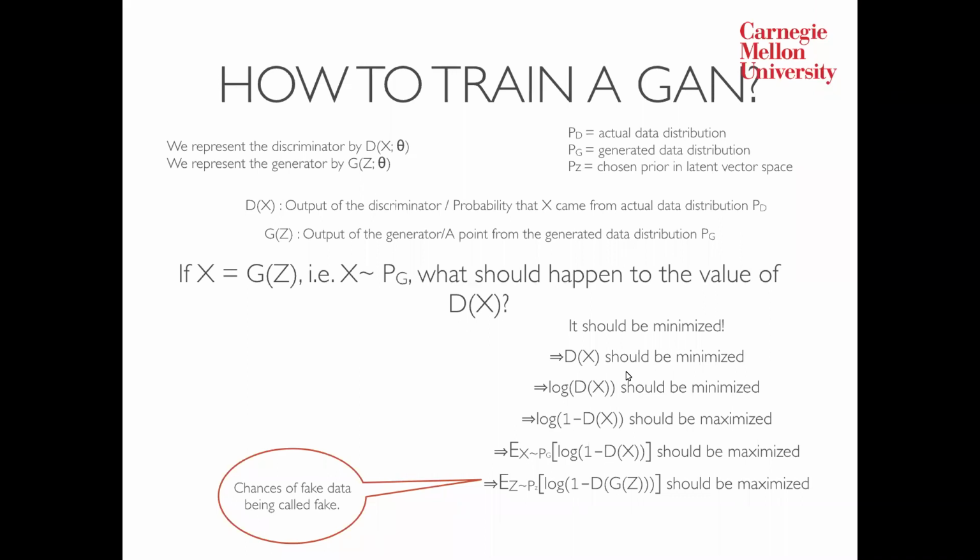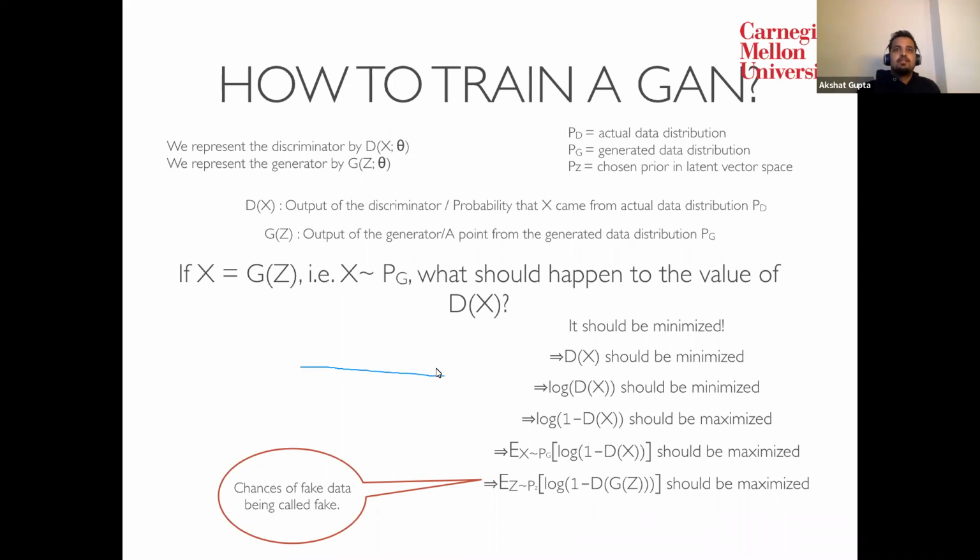So if you minimize dx, once again, bad drawing, but this is kind of what the log function looks like, right?